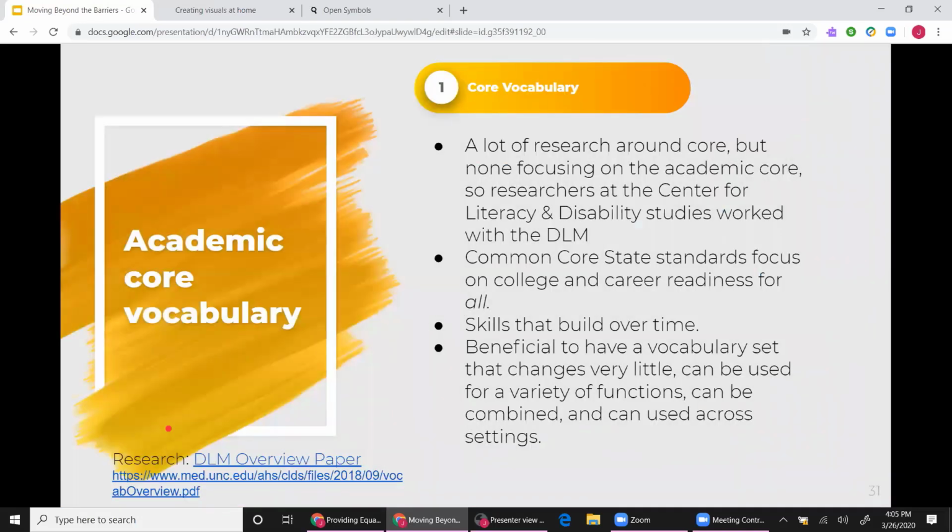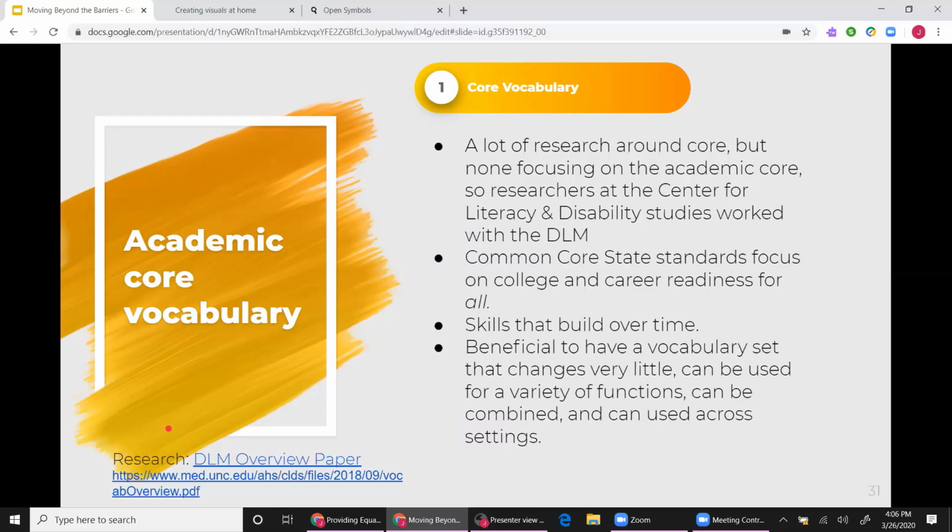So we have an understanding of what core vocabulary is. What Dr. Karen Erickson and the researchers at the Center for Literacy and Disability Studies did is they had a federal grant to help determine what the academic core vocabulary is. And they did this by looking at those typically developing language samples.